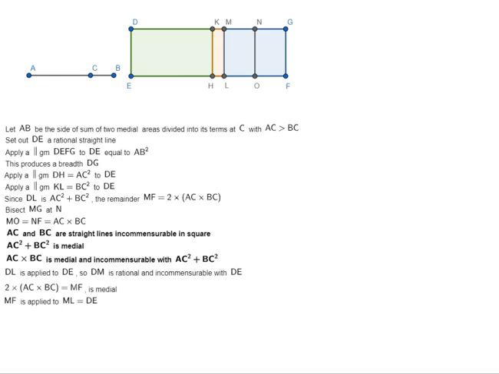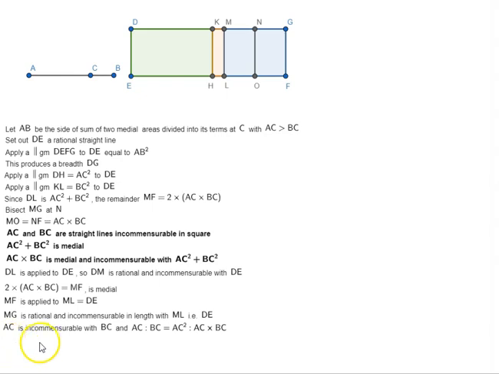And a medial area has been applied to DE. Actually, it is applied to ML, but ML is again equal to DE. So we can say MG is rational and incommensurable in length with ML. So MG is incommensurable in length with ML. That is DE.